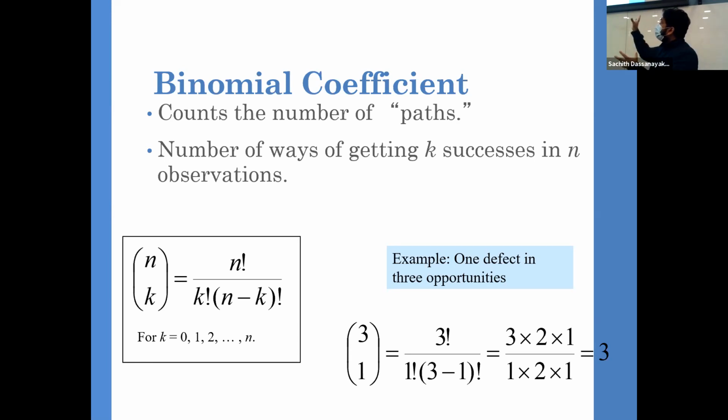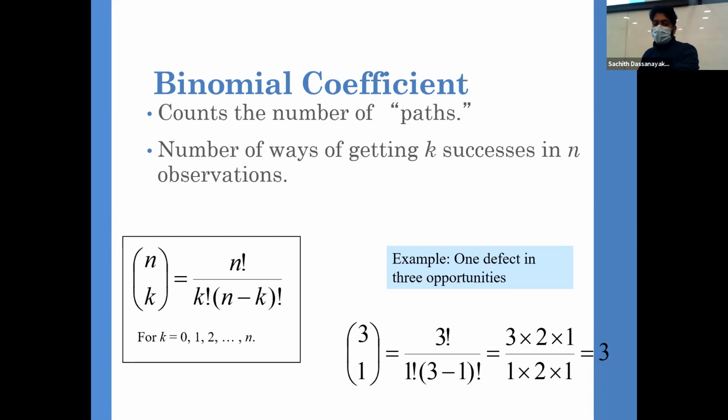So you can simply plug the values into this binomial coefficient and find the value: how many times can I get just one defective item. These are like combinations. I didn't do this in chapter 2.3. It's optional, you don't have to worry about it.